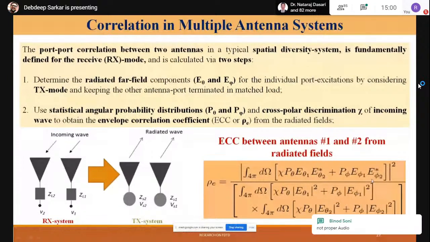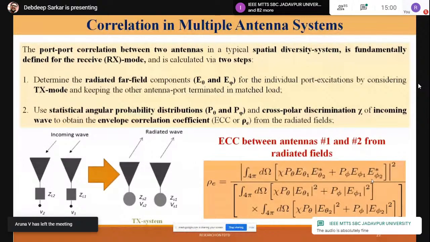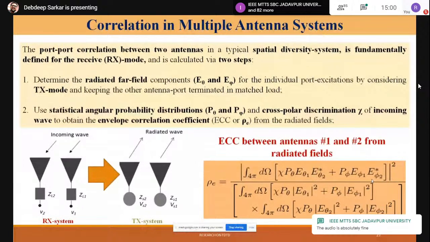And in that condition, back in 2003, there was a paper where they derived that if we operate in this uniform propagation environment, we can find the correlation coefficient without calculating all the fields, because 3D field pattern measurement can become a problem. But you can measure these parameters using your VNA, and then you can find out the correlation coefficient.